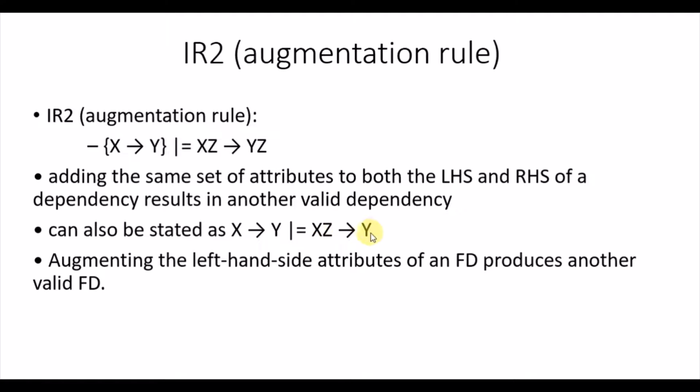You can even add attributes on the left hand side, and that will also produce another valid FD. So the augmentation rule means either you add the same set of attributes to both the LHS and RHS of a functional dependency, or you add attributes to the left hand side.